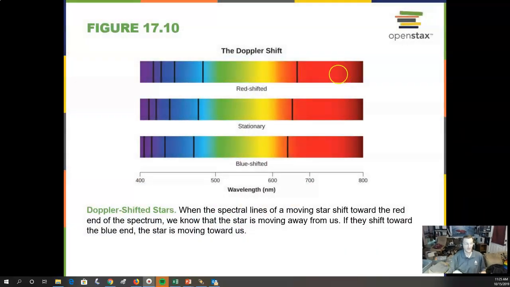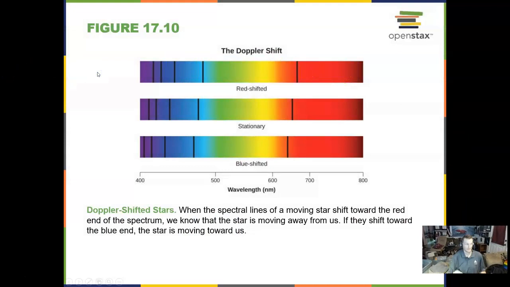It sounds like this. As it goes away, it's going to get fainter and lower in pitch. As it comes toward you, it gets higher in pitch and louder, so it sounds like woo wee wee wee wee as it goes by you, and then changes as it goes past you. So those are red shifts and blue shifts.